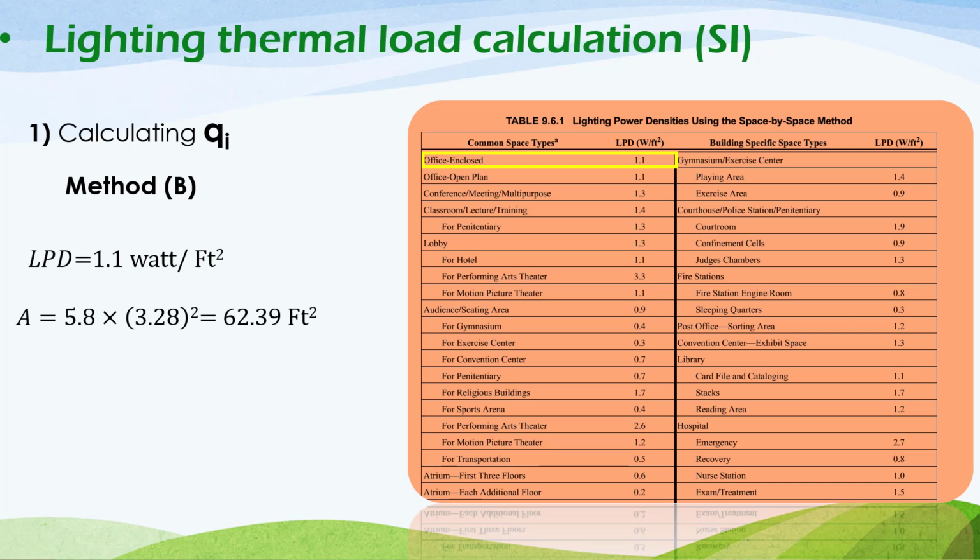After that, we multiply the area by the lighting power density, 1.1 times 62.3, which gives us a total power of 68.6 watt. So when we multiply those two values, we get purely the watts of the lamps, which is Q sub I. You can compare this value with the previous one, which was 68 watt. They are very near to each other, so the two methods give approximately similar results.